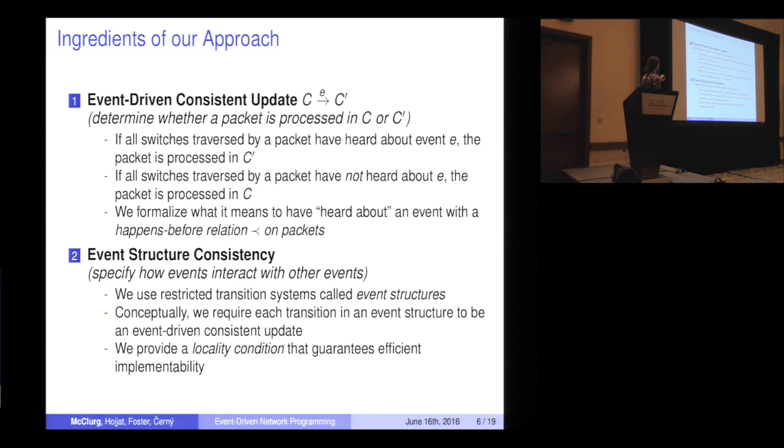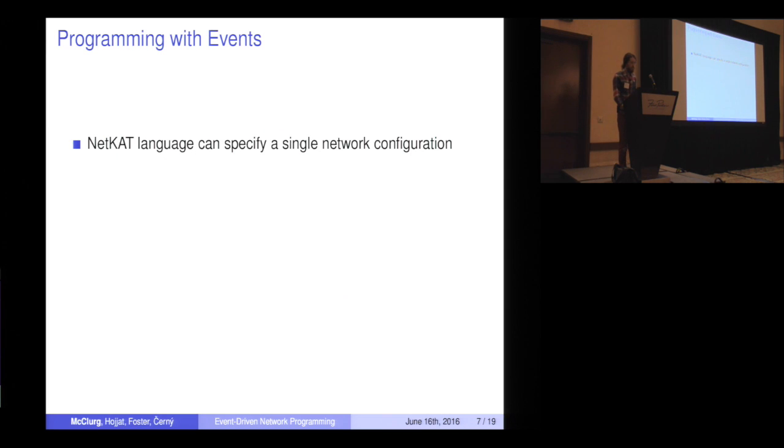Part of this piece is that we have this locality condition for which we can guarantee that those programs can be implemented. So these are the two pieces of our approach: when updates happen with respect to events, and how to deal with conflicting events.